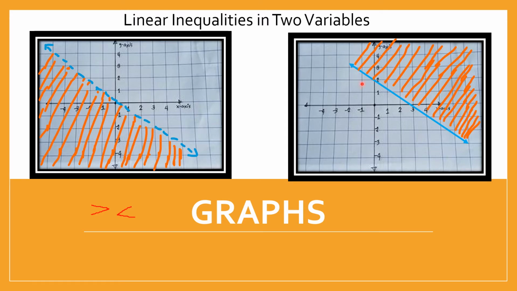Now, dito naman sa pangalawang graph natin, ang line dito ay solid line. Ibig sabihin ang inequality symbol dito na ginamit ay greater than or equal o kaya less than or equal. Na ang ibig sabihin, ang mga points na makikita dito sa line ay kasama siya sa solution.